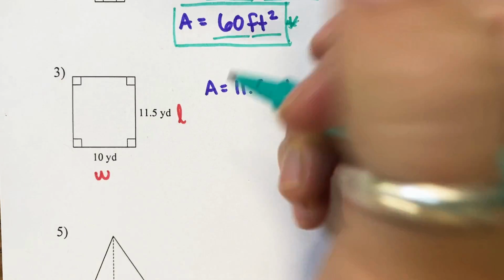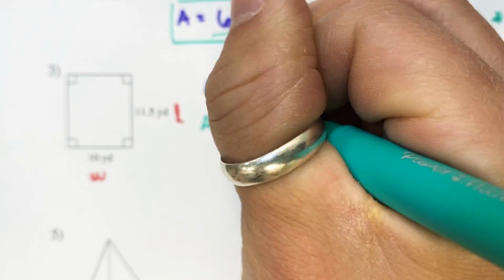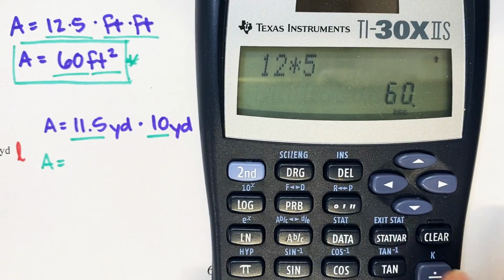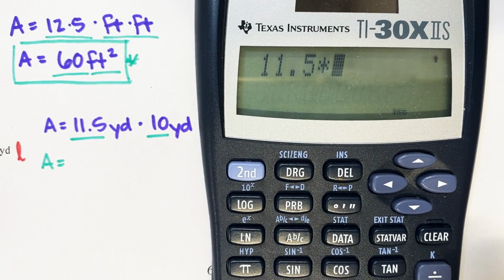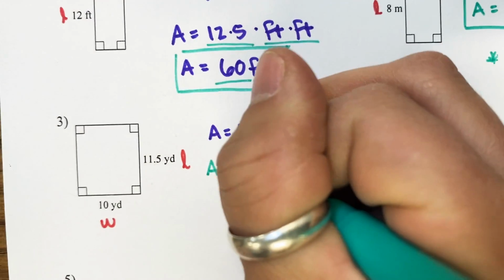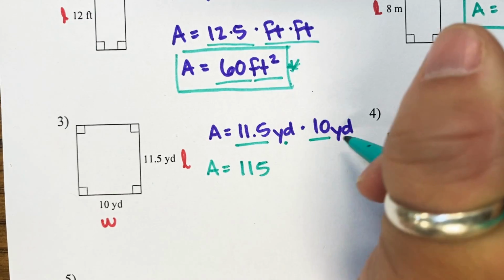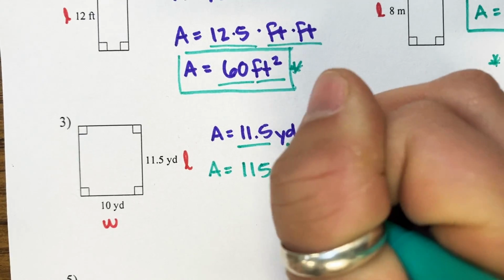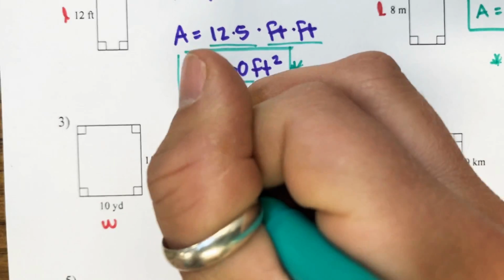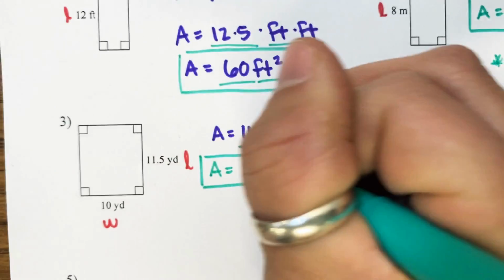Now we just need to multiply these together. So our area, what is 11.5 times 10? We can use a calculator if we want. And we get 115. Then we multiplied our yards and our yards, so yards squared. And that is our final answer.